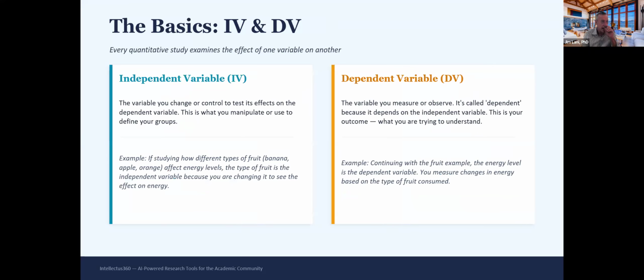You should know what an IV and DV is. Basically, good rules of thumb are DVs are the outcome variable and things that are really dependent upon the participant. It's their blood pressure, it's their 5K race time, whatever. So it's often just dependent upon their responses. An independent variable is typically controlled by the researcher.